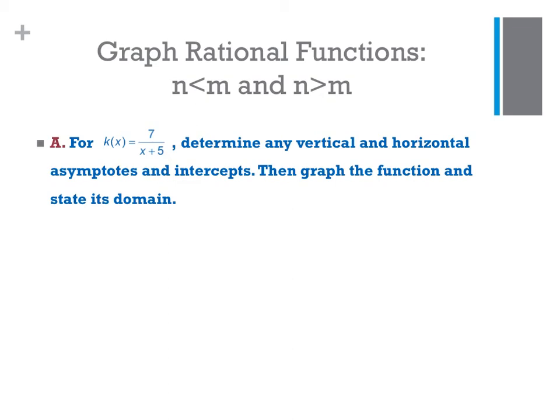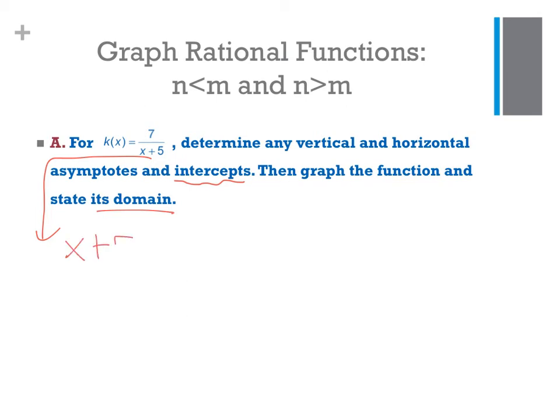Okay, so we're going to graph rational functions here. In order to graph our function, we are going to find all those key components that we discussed earlier: the domain, the vertical asymptote, the horizontal asymptote, and now they're also going to add in the intercepts. So first of all, I'm going to find the domain of this function because it asks us to state its domain.